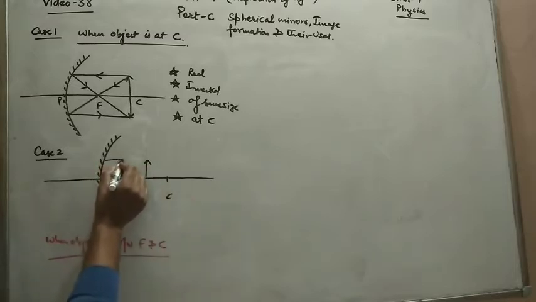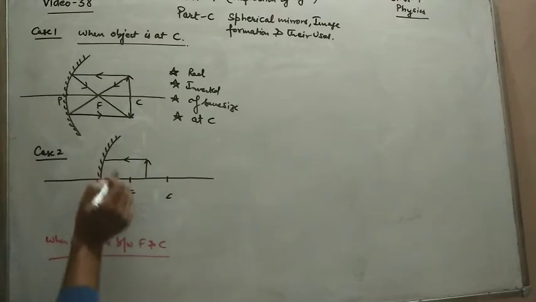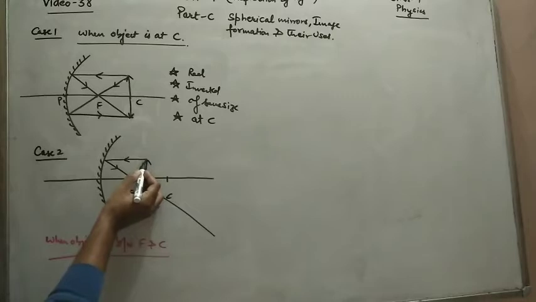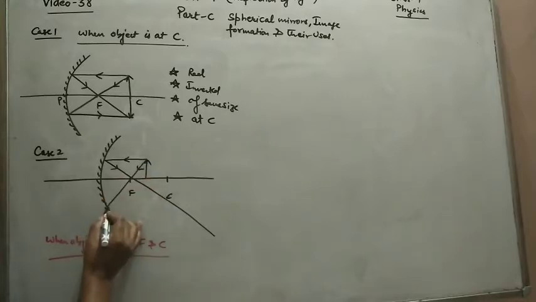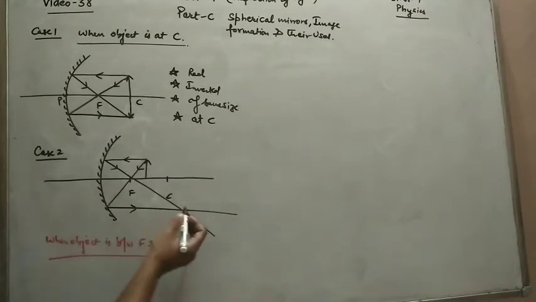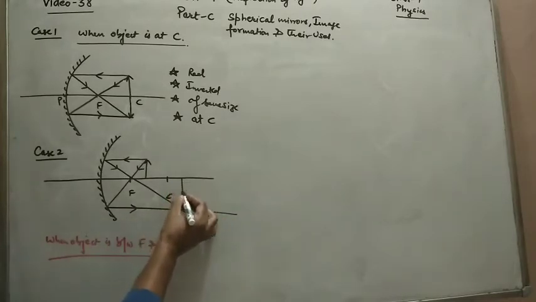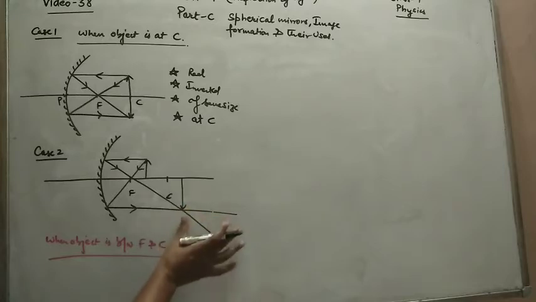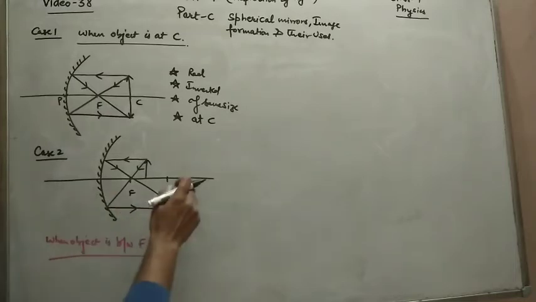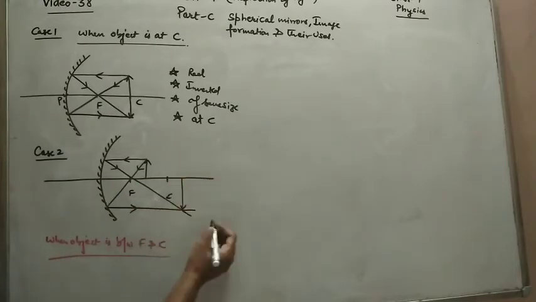So parallel will pass through focus in this way, and through focus when it will go, after reflection it will go parallel to principal axis. So where they are intersecting, somewhere here, with the actual intersection of the rays, this is the location of the image.